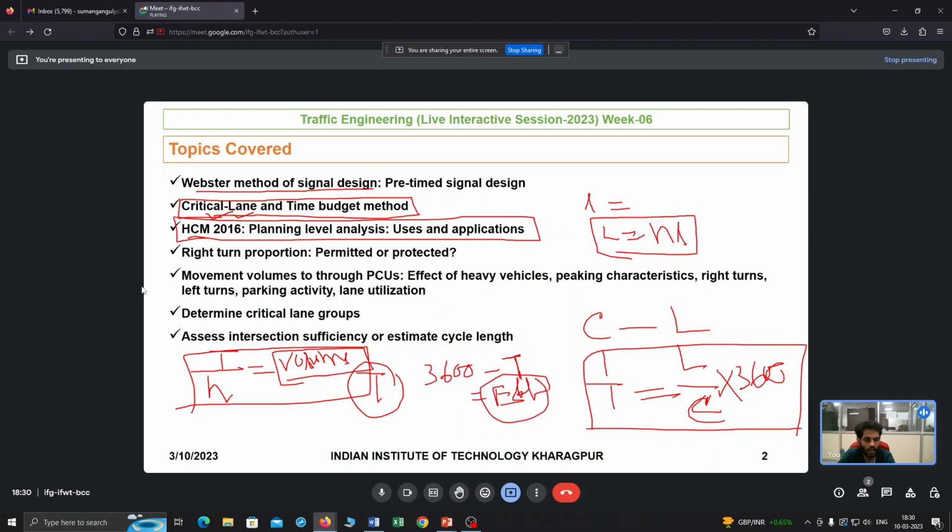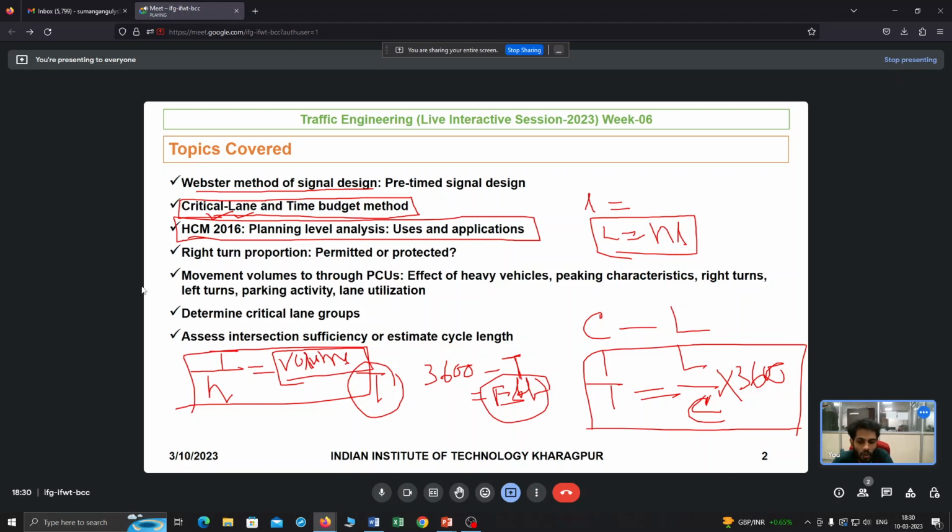Or whether your estimated cycle length is sufficient, because once you know the critical lane groups, you can calculate L equal to the number of phases plus some values, and suppose based on the Webster method you design a signal. Now you can check whether your cycle length is sufficient, or your intersection is insufficient at that particular cycle length.